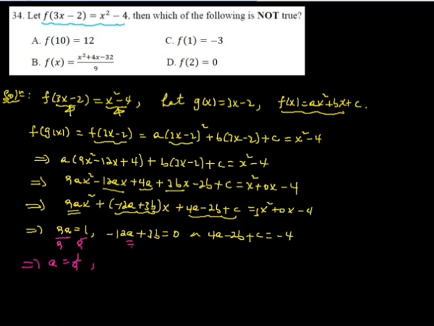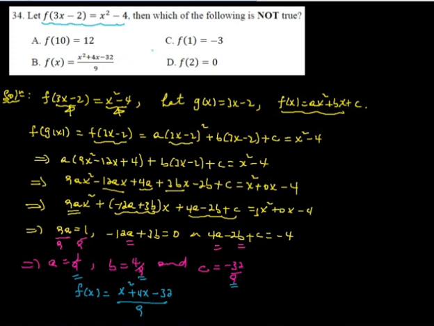So substitute here a, so the b value becomes 4 over 9. And substitute a and b here, you will get the c value, which is minus 32 over 9. Okay, therefore the unknown function f of x becomes x squared plus 4x minus 32 over 9, because in all the a, b, c we have over 9. So this is our function f.